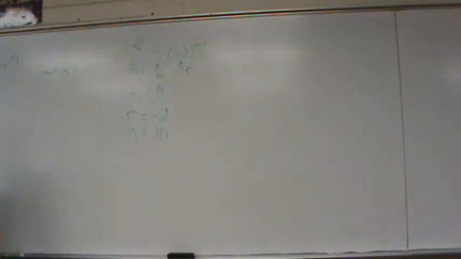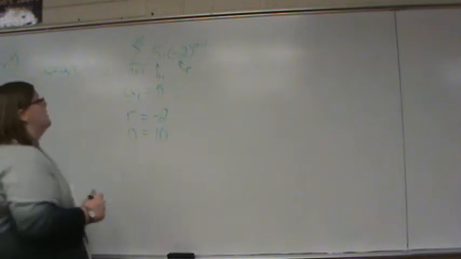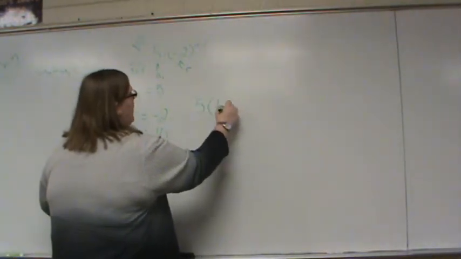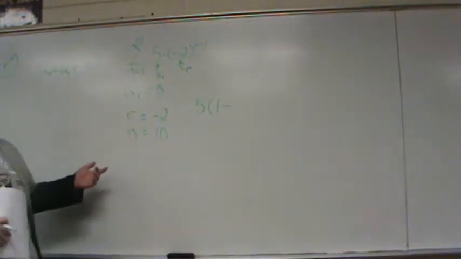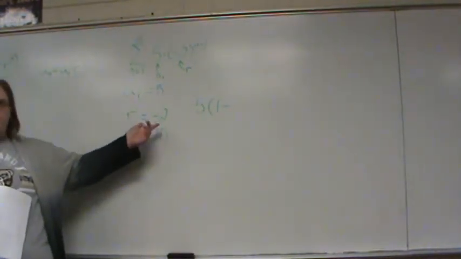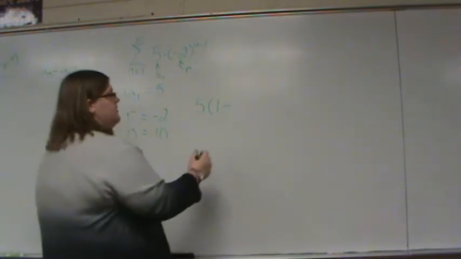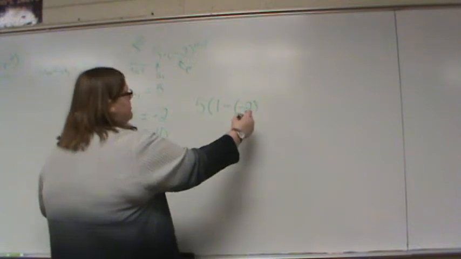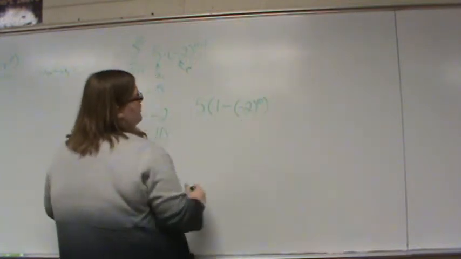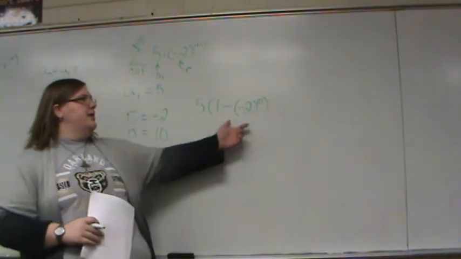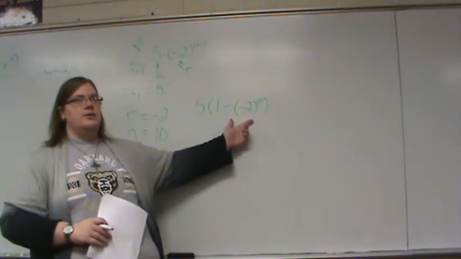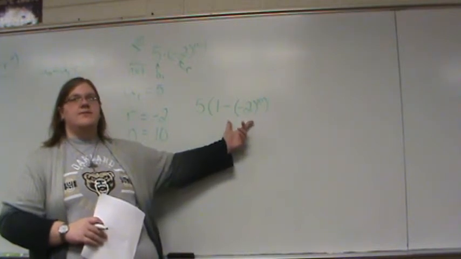So now we have our 3 terms. We can plug them into our formula. We're going to have 5 times 1 minus, now, when you have a negative R value, use parentheses, because we're taking that negative 2 to the 10th power. When you plug that into your calculator, if you don't have those parentheses, you're not taking negative 2 to the 10th power. We've talked about that before with negatives.